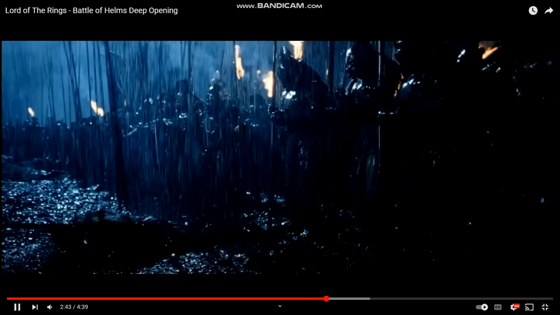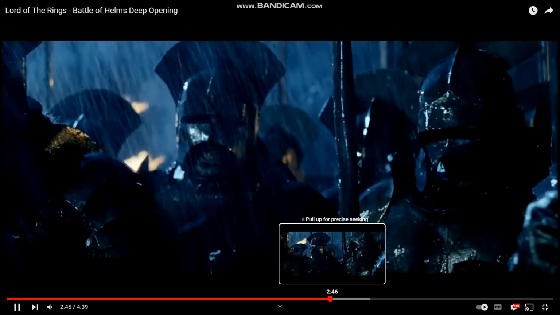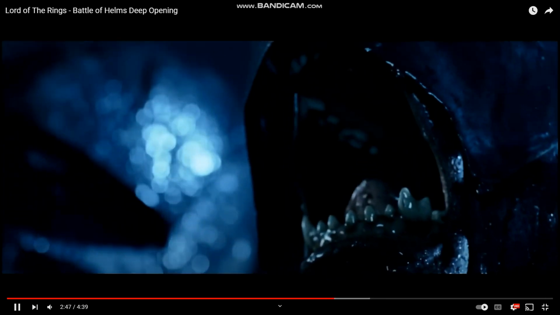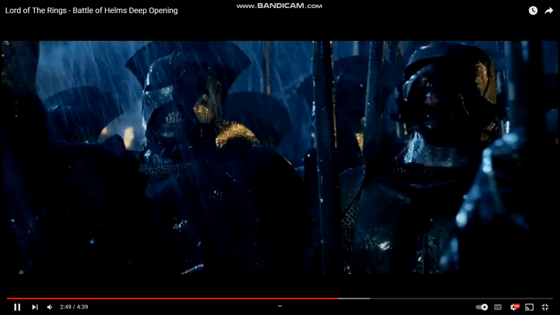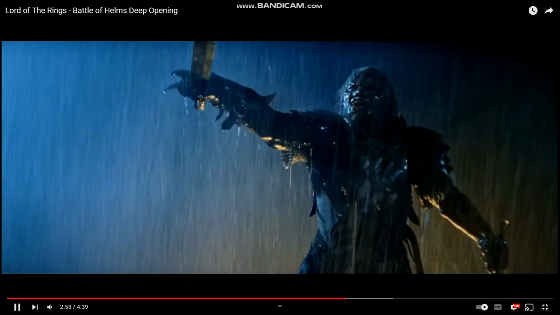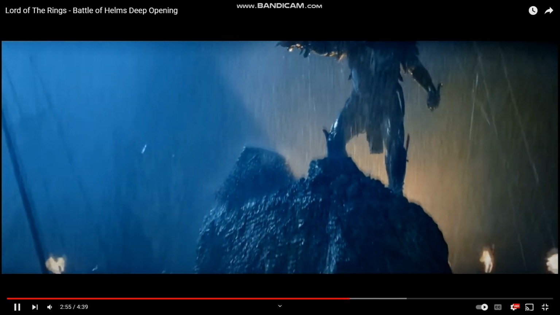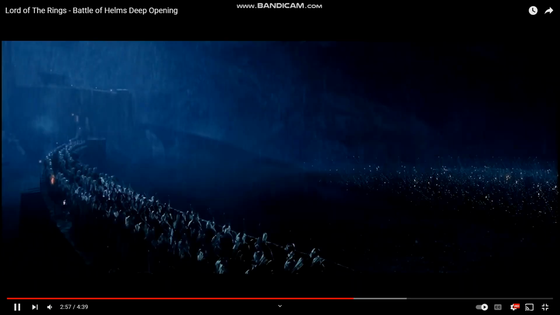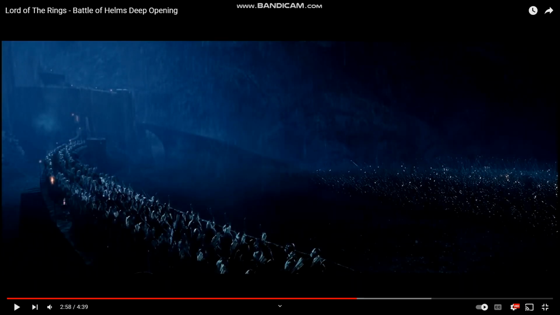And now we have close-up shots, low angle with the orcs screaming in rage as they're ready for war, and the captain of the orcs, our main villain for this battle, charges them forward.